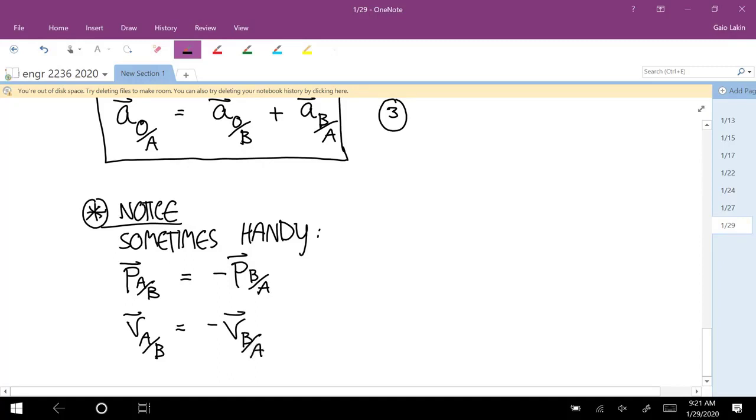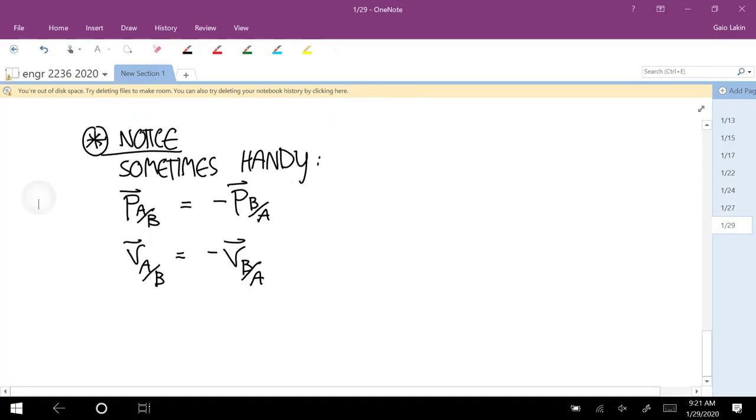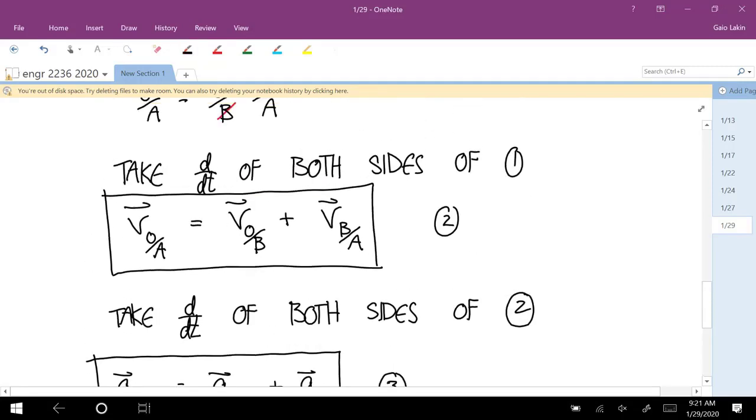I'll show you, it makes intuitive sense if you look at the picture. Okay, so let's see why that works.